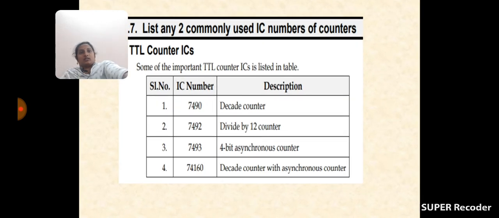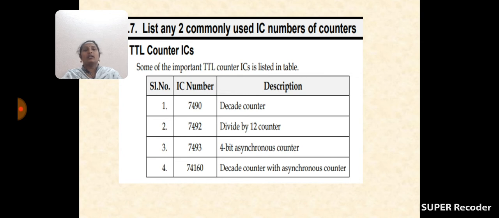So these are the IC numbers of different counters. Why? Because all the counters are available in the form of IC only. Our table indicates which counter is produced by which IC number. If the IC number is known, it becomes very easy to purchase.